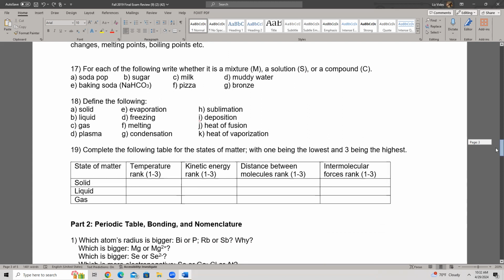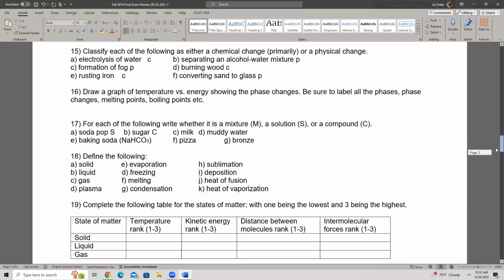All right. So for each of the following, mixture, solution, or compound. Okay. So soda pop is actually a solution. Sugar is a compound. Milk is a mixture. Why is milk a mixture? Because it's homogeneous. But because we homogenized it, it's actually heterogeneous.